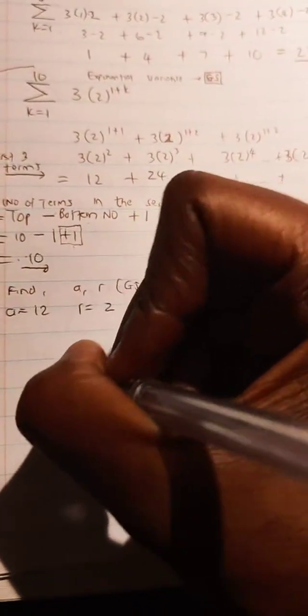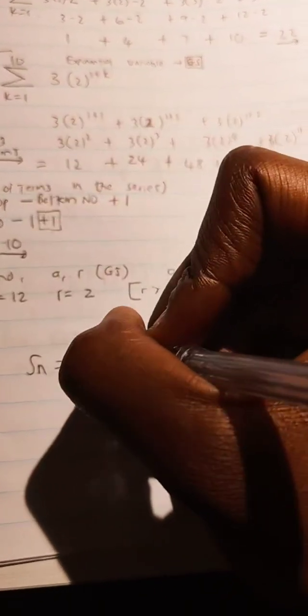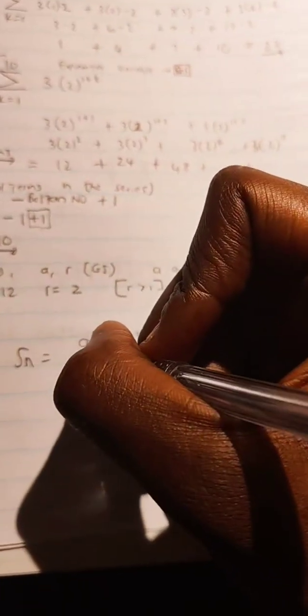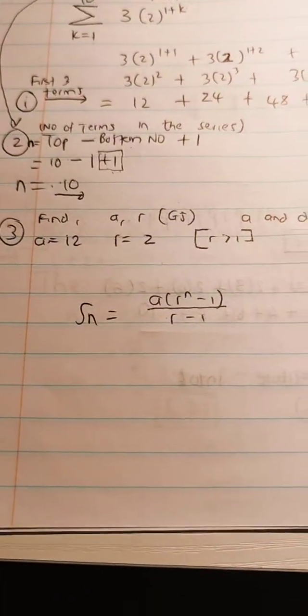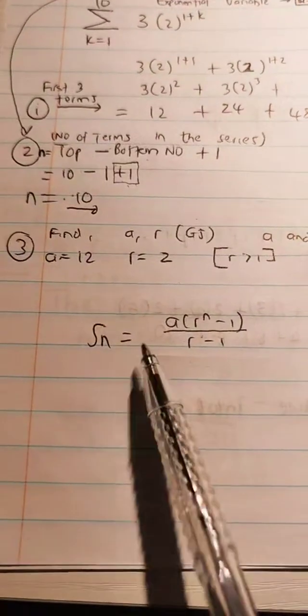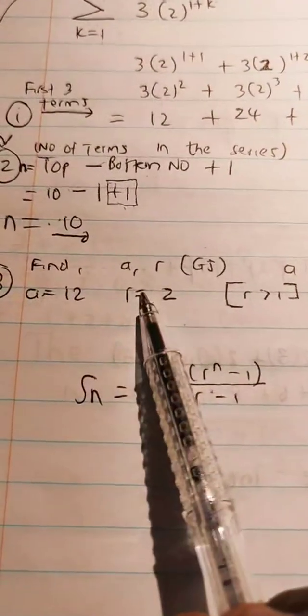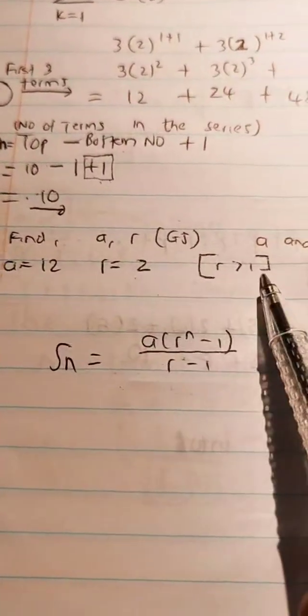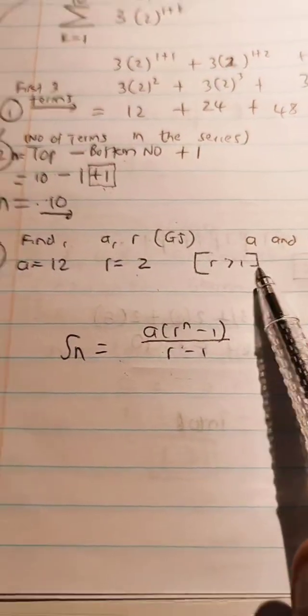So let's write it down. There it is. That is the formula we use to calculate the sum of the first n terms when R, the constant ratio, is greater than 1. Do you remember that, guys?